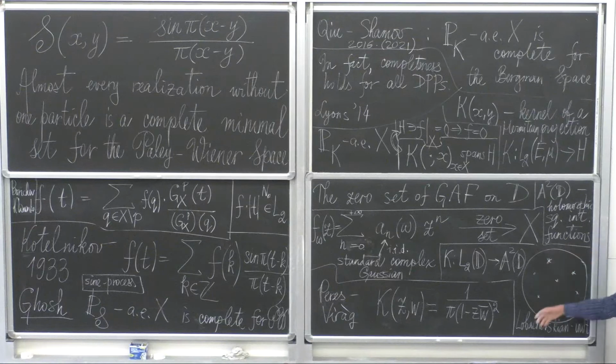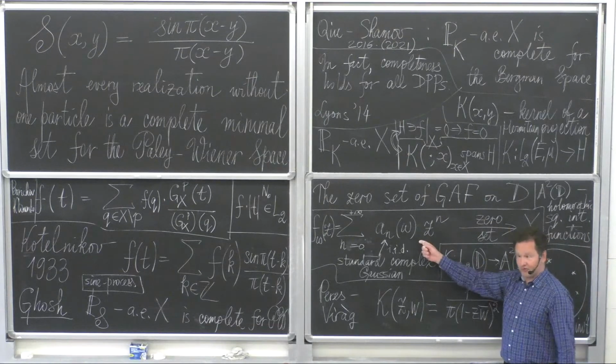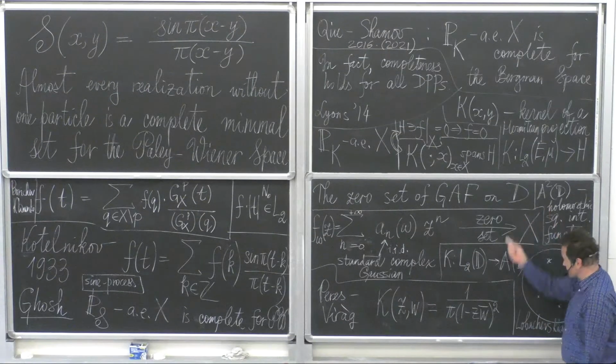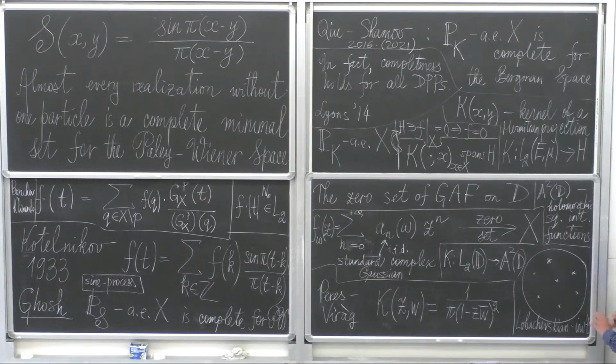The action preserves the kernel, preserves the measure, so preserves the distribution of the zero set. Observe that it does not preserve, of course, the distribution of the Gaussian analytic function. So it's just a statement about the zero set. Okay, so this action is mixing and so on.